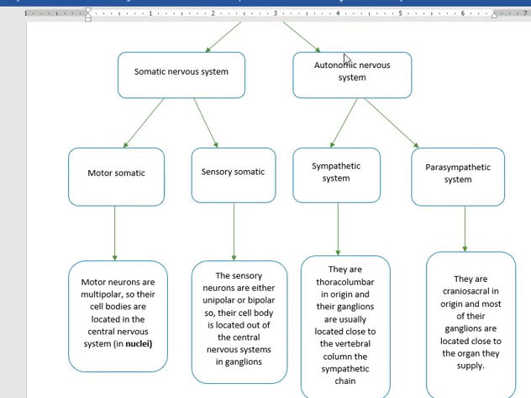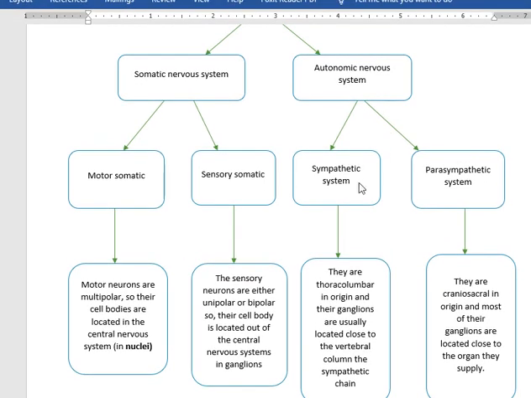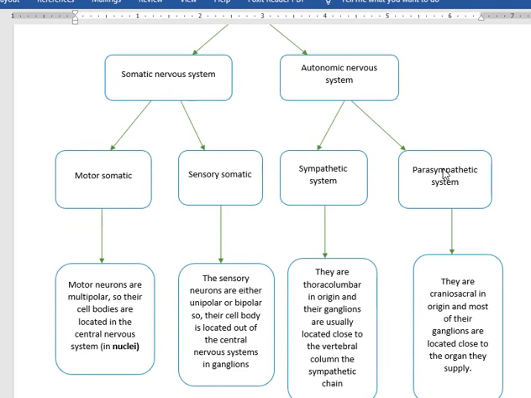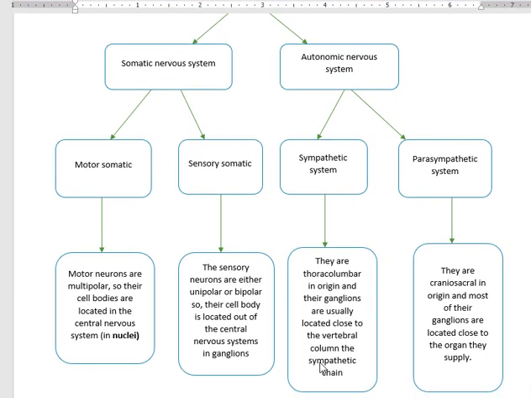Now, going up to the autonomic nervous system, we have the sympathetic system and we have the parasympathetic system. With the sympathetic system, what do we realize? We realize that the sympathetic system has ganglia, and the ganglia are located close to the vertebral column at the level of the sympathetic chain.